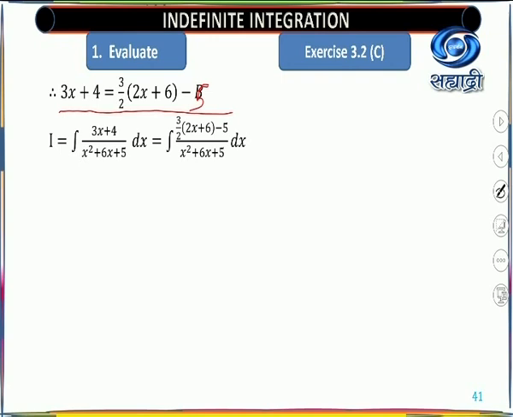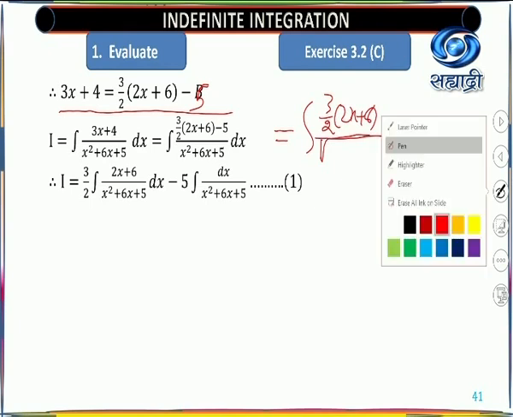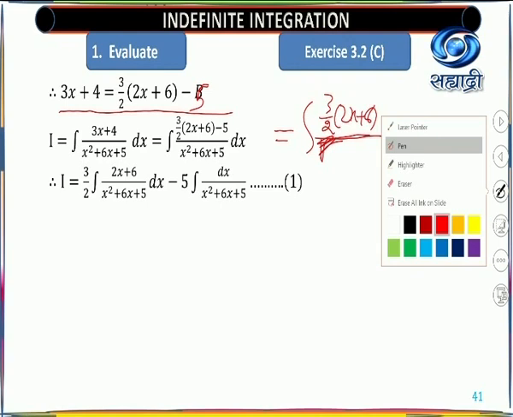Now separate out the terms. This separation gives a middle step: 3 by 2 into 2x plus 6 upon x square plus 6x plus 5.